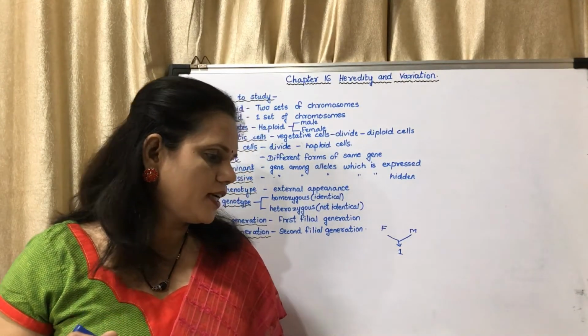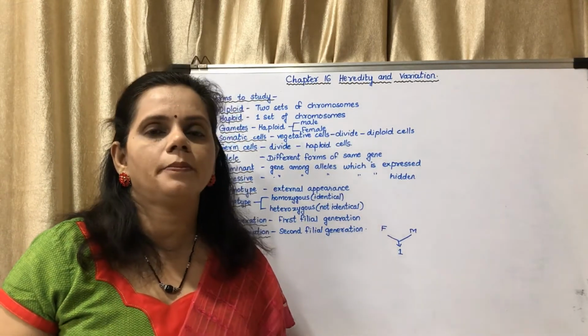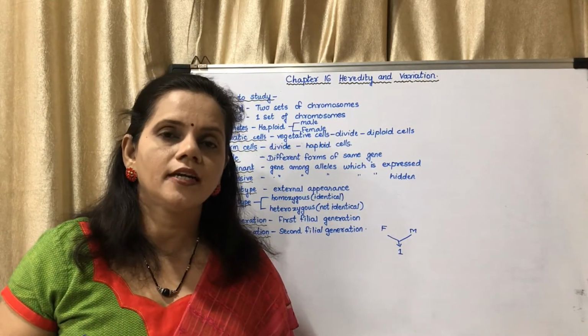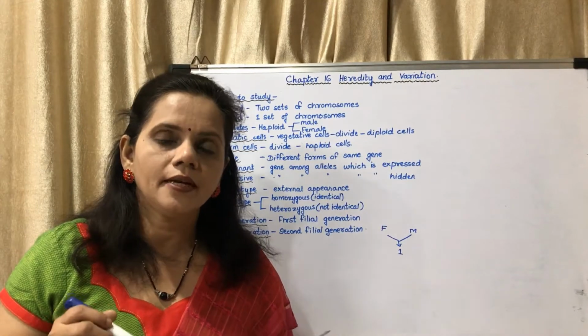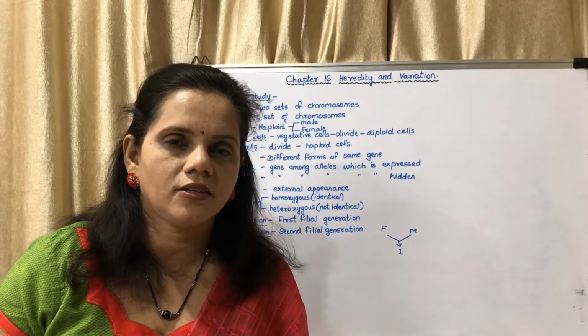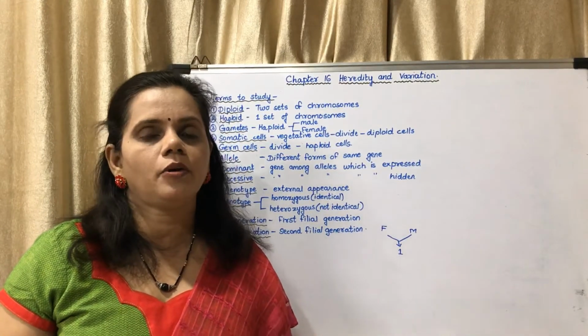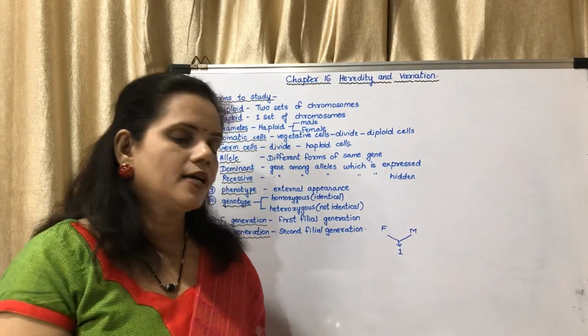Gregor Mendel is considered the father of genetics. He carried out experiments on a particular trait, on a particular plant, which is the green pea plant. The scientific name of the pea plant is Pisum sativum.